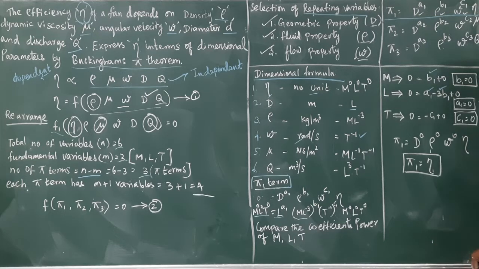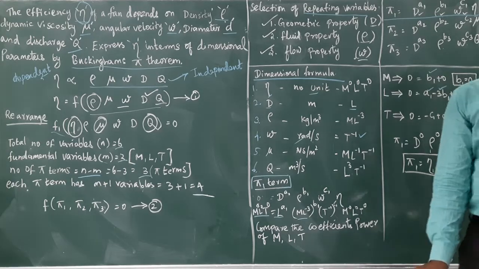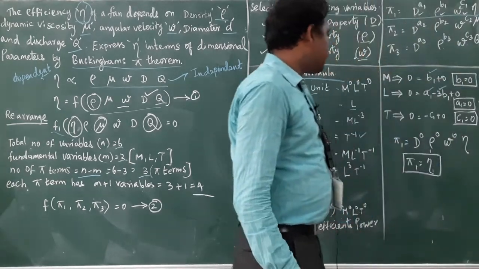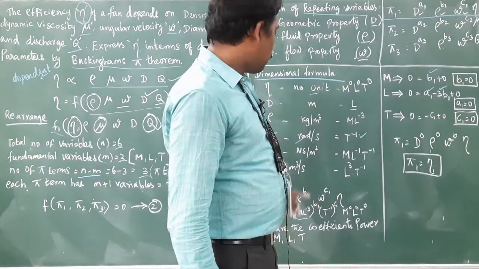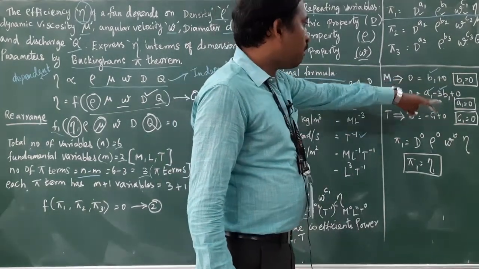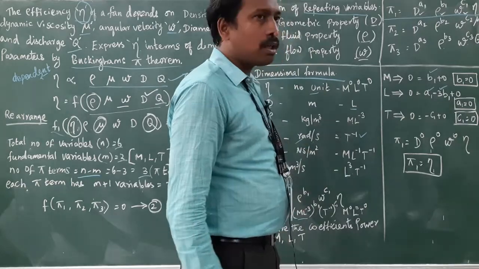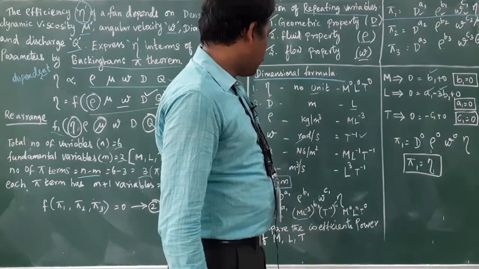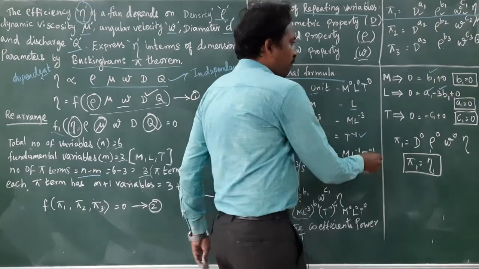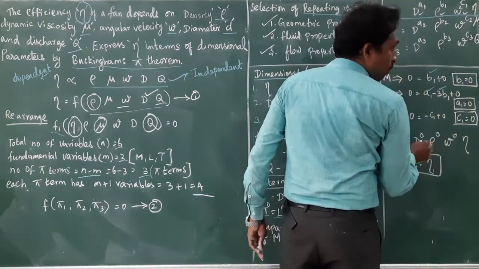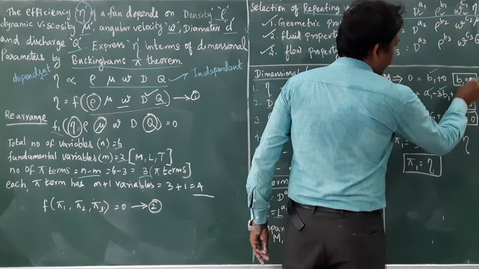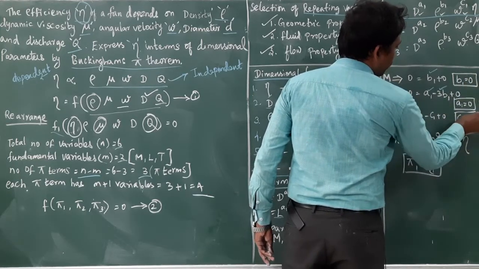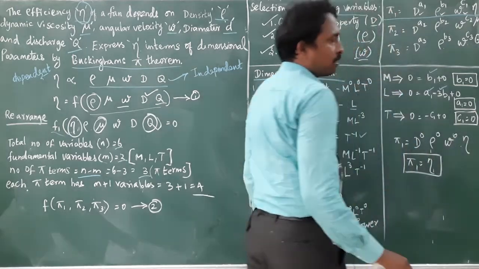So, putting the values for a1, b1, c1 in the pi 1 term, which is d power a1 is 0, rho power b1 is 0 and omega power c1 is 0, into eta.